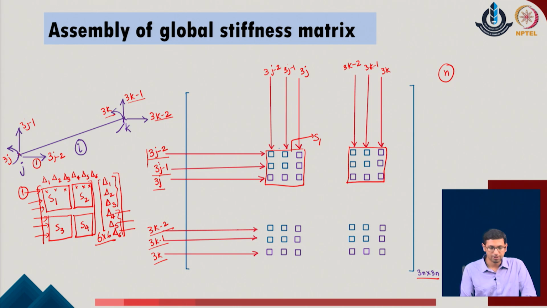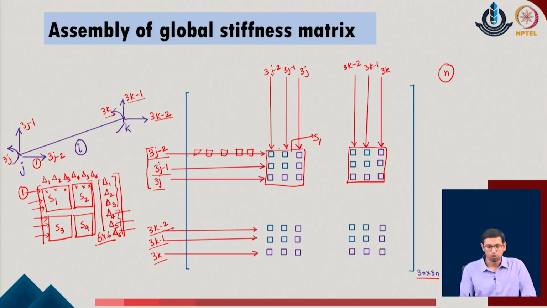So, we first said that these 3 rows must be defining the equilibrium equations with respect to the respective joint J and its 3 degrees of freedom, and now the individual columns will come in this particular part. Of course, the other columns will also be having their values. At this point we are only associating ourselves with the member I, so I am assembling only the contribution of the member I in the given system. But what does it mean?